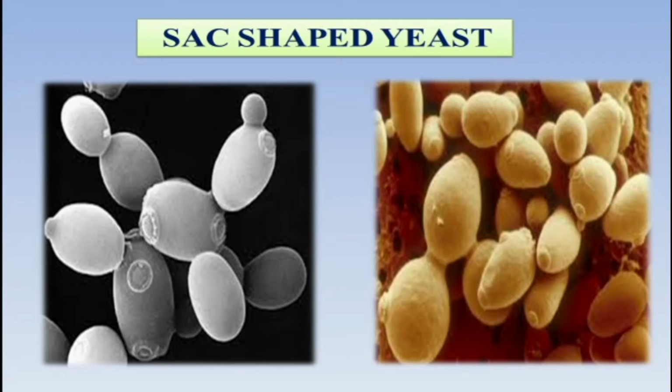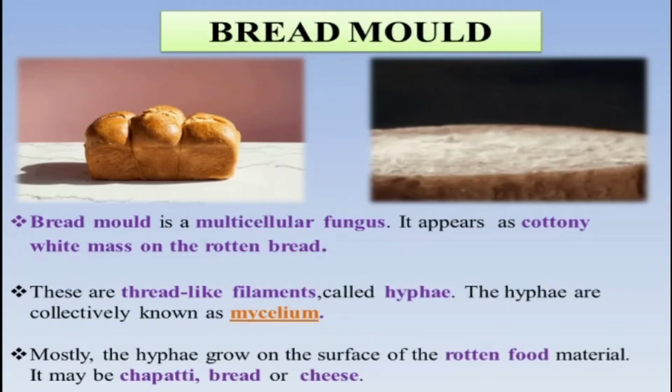The body of the organism has small appendages, outgrowths from the body of the yeast, which come out as buds. So that is the shape of sac shaped yeast, the third shape in fungus.